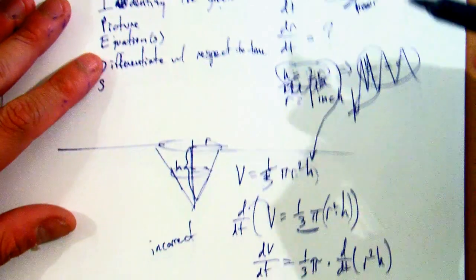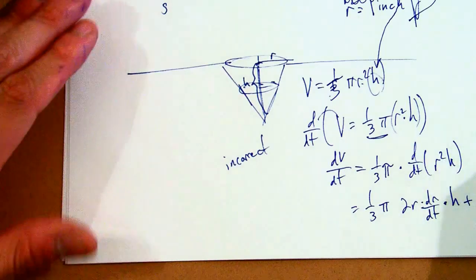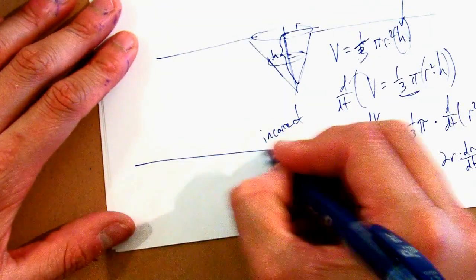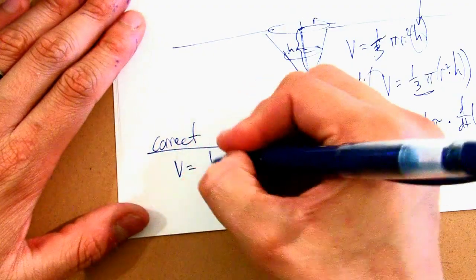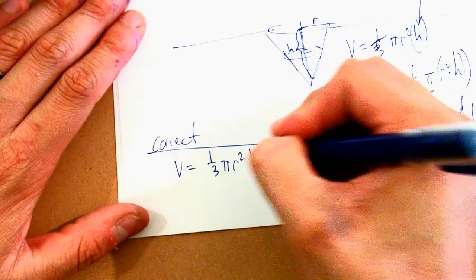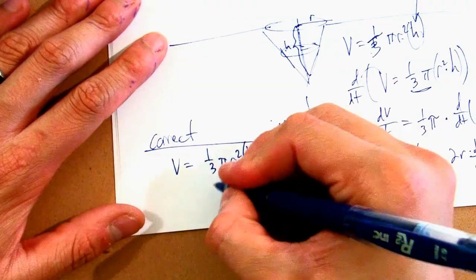So I'm going to stick this inside here for h. What I'm going to get instead now is the correct one. I'm going to get V equals 1/3 pi r squared h, and h is just 2r.